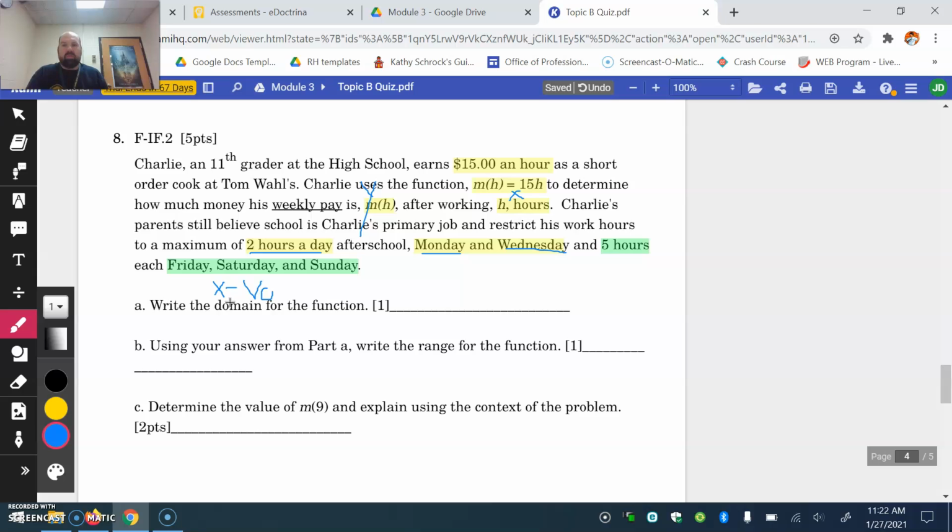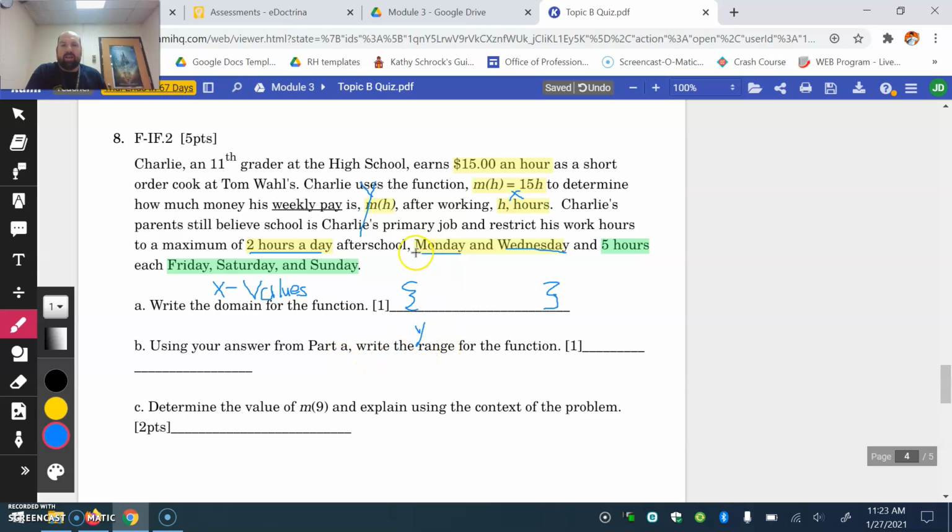So when you're writing out your domain, your x values, you're going to list them here. Now you can either list all of them, because there's a lot, but not too many, or there's a shorter way of doing it using a ... And then using your answer from part A, write the range.